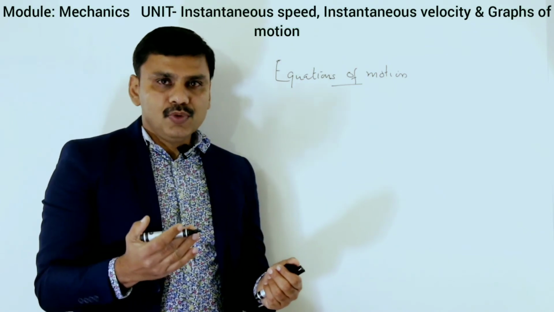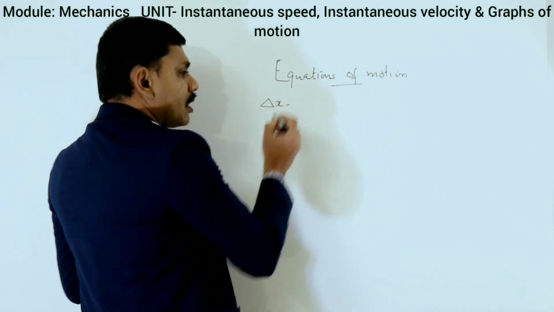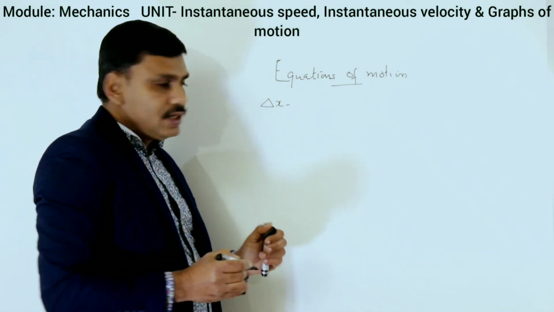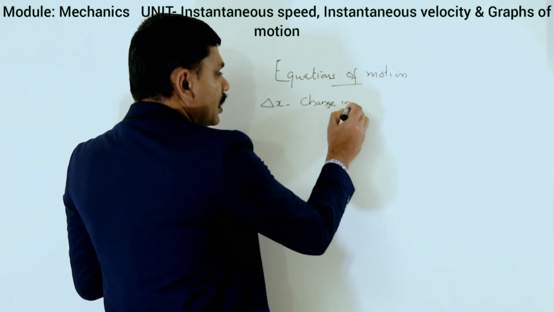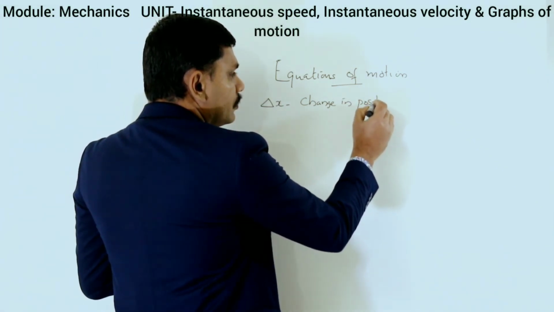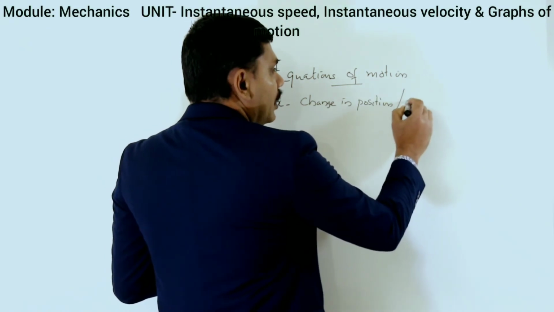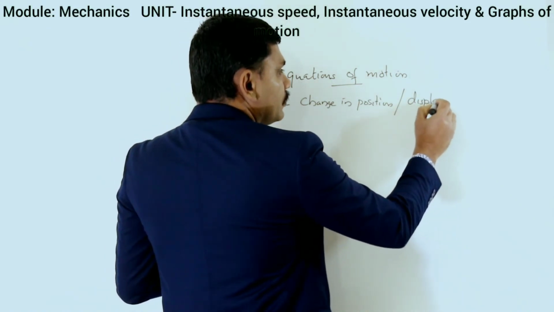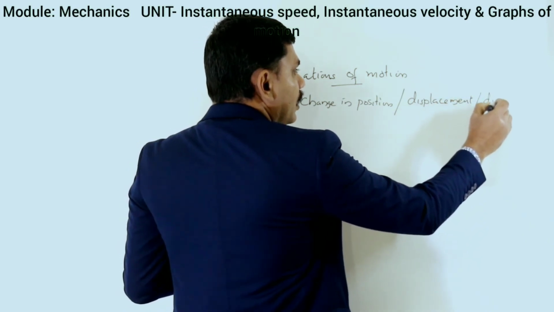When an object moves, there is a change in position, which is represented by delta x. So delta x represents change in position, or it can be displacement, or it can be distance.